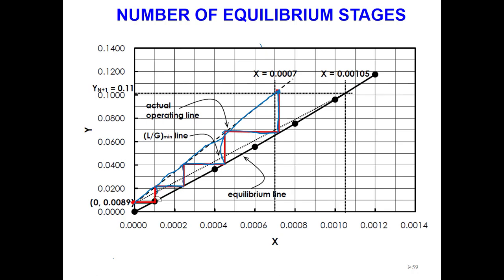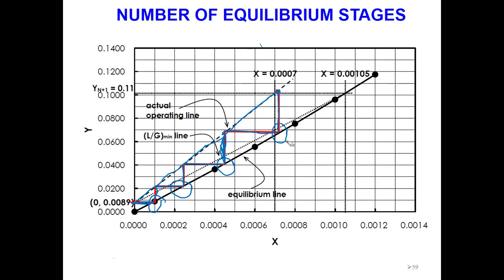I will continue like this until I reach my final point. I just plot horizontal and vertical lines between the operating and equilibrium lines. Then I count the number of stages. This is one equilibrium stage because it's on the equilibrium line. Second equilibrium stage, third, and fourth.